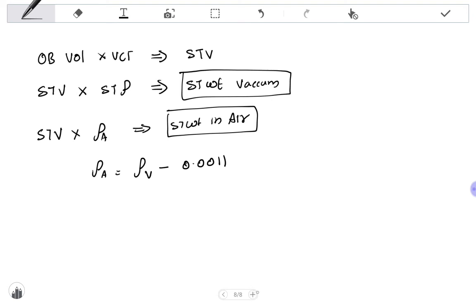So just for one practice, I will show how an ullage table looks like. Okay, an ullage table normally looks like: tank, ullage. This is normally observed ullage, that what we measure from the ullage pipe.